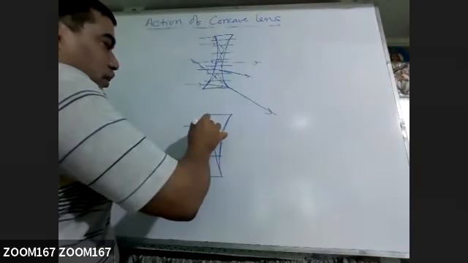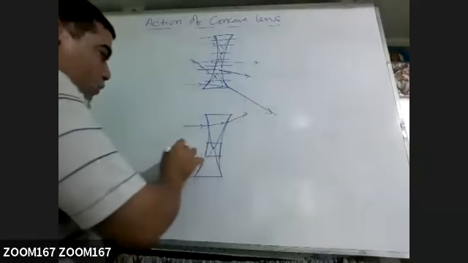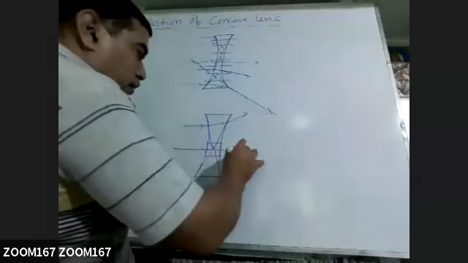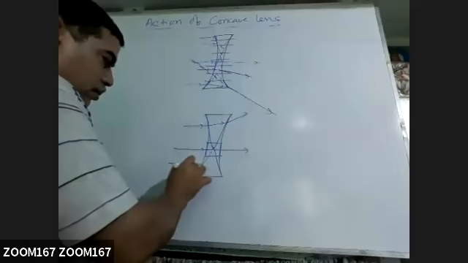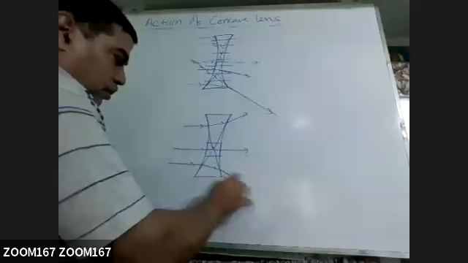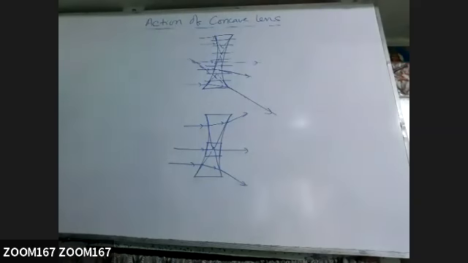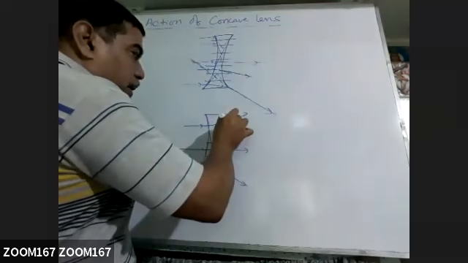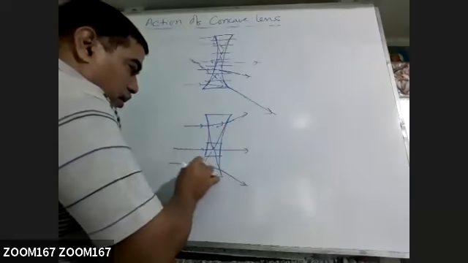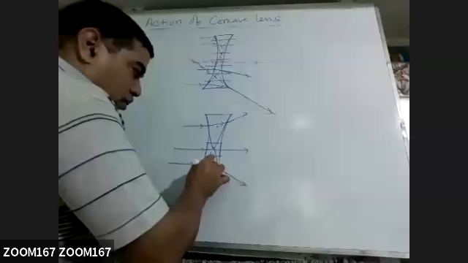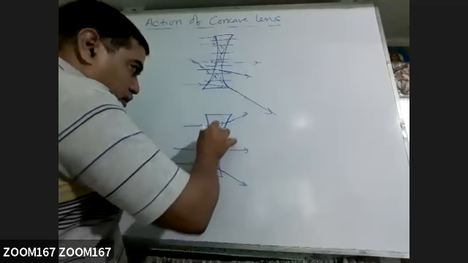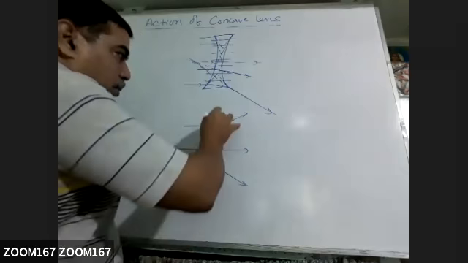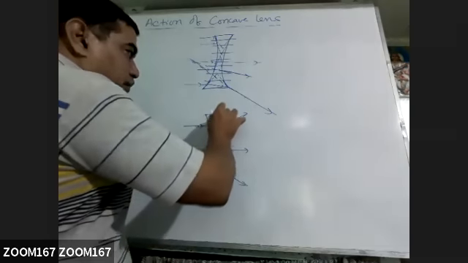So it will deviate this way. This will go undeviated. Again, in the real one, we will not show these two deviations. We will show only one deviation, and where? At this point. So we join these points.